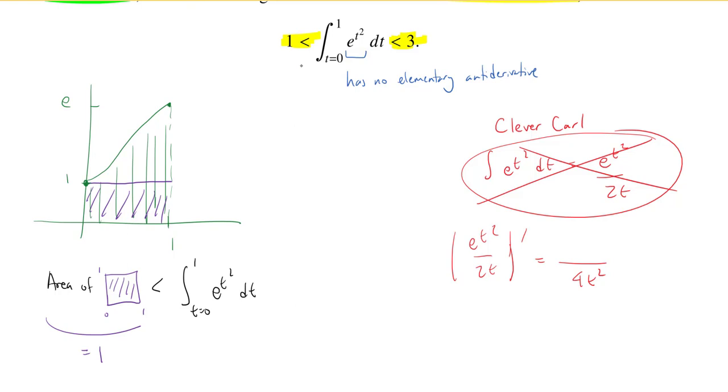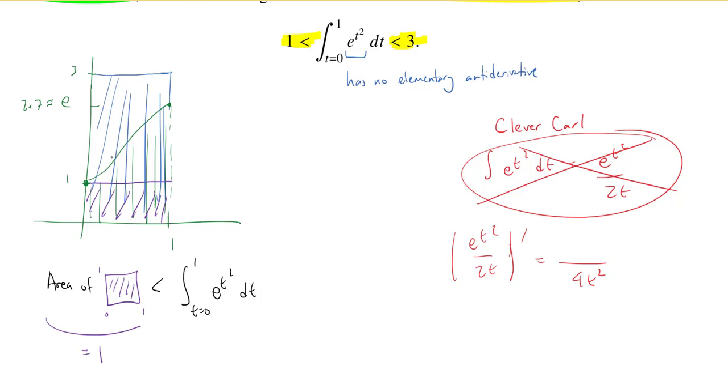Now, how do we get it less than 3? Well, note that the highest we get is at e, and e is about 2.7. We're trying to get to 3, so we could just go up a little bit. There's 3, and I could draw a nice line going across, and now I could draw this nice big rectangle.